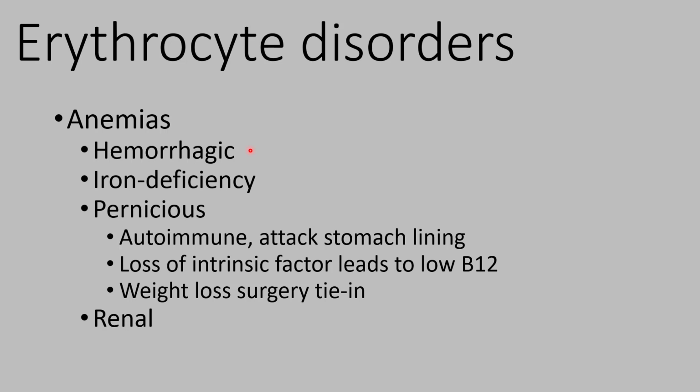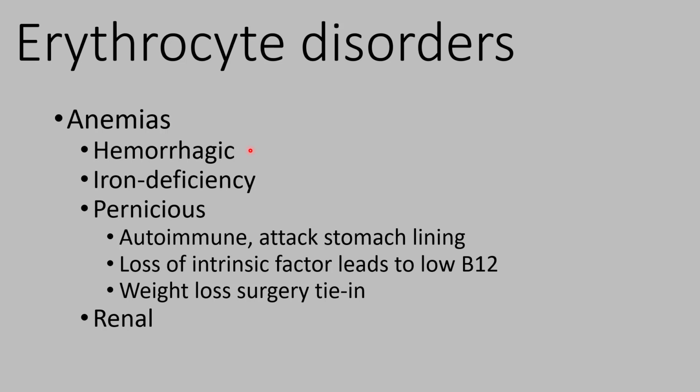In pernicious anemia, there's a couple of different causes. One is autoimmune. Your immune system attacks the lining of your stomach. Well, your stomach makes something called intrinsic factor. Now we're going back to what I talked about a little bit ago about B12 and folic acid. So if you have this autoimmune disease attacking your stomach lining, well, your stomach lining makes intrinsic factor.